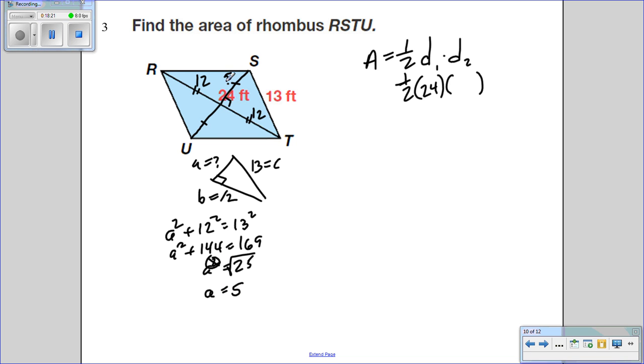So this is 5 here, which makes that 5 there. So diagonal 2 would be 10. Now I can calculate. Half of 24 is 12 times 10. 12 times 10 is 120 square feet.